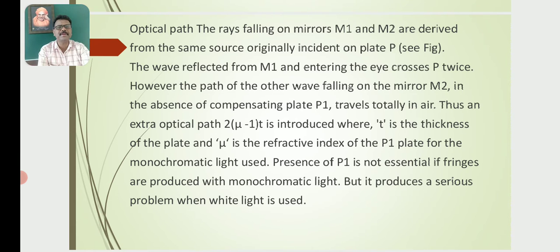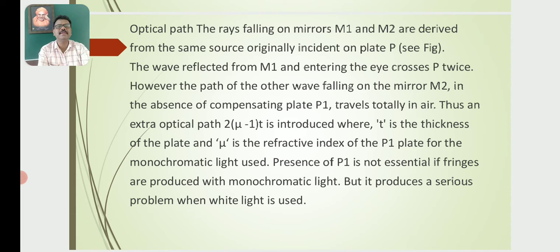Thus, an extra optical path 2(mu minus 1)t is introduced, where t is the thickness of the plate and mu is the refractive index of the P1 plate for the monochromatic light used.